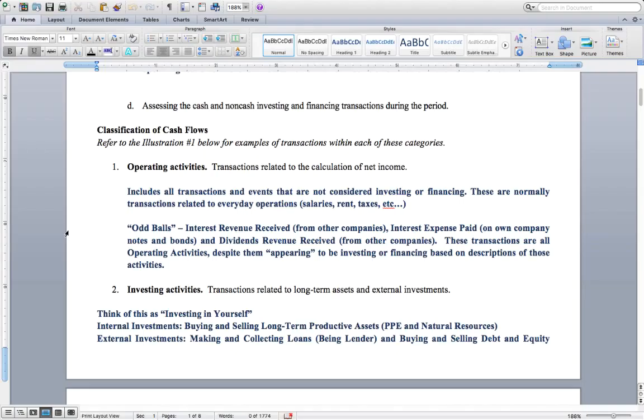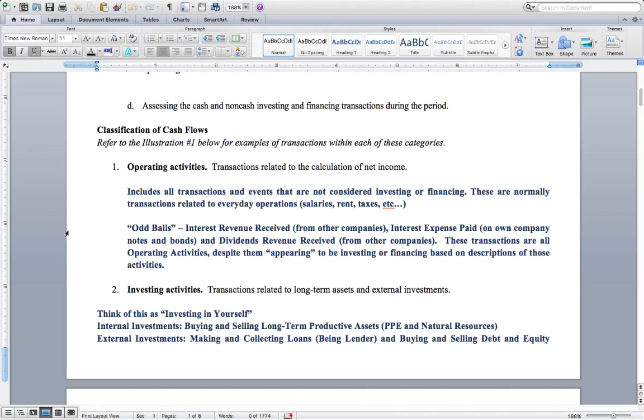At the end of your chapter, I have included 3 illustrations in this handout. One is to break down some of the components of the statement of cash flows and what goes into operating, investing and financing, and a few tips. The second one shows you how the cash flows for operating activities are presented under the indirect method and the direct method.